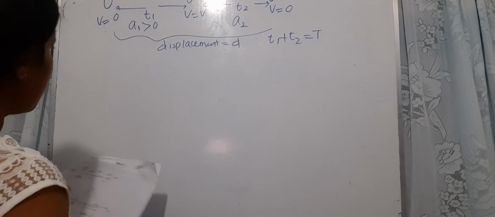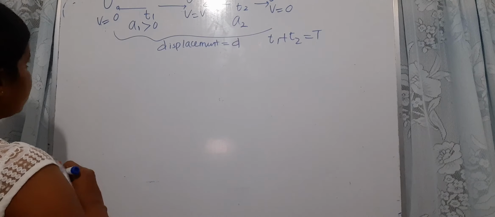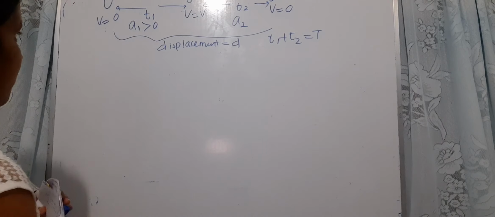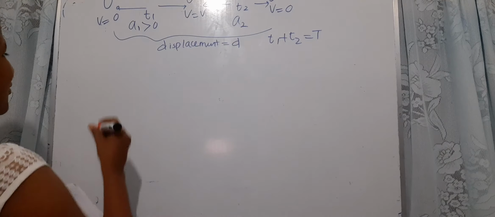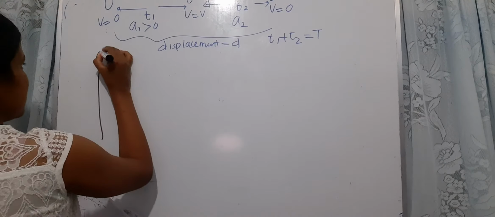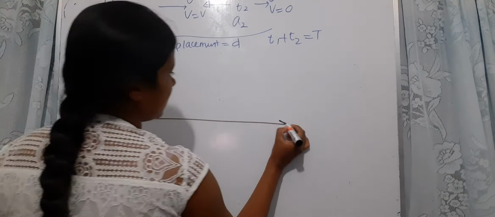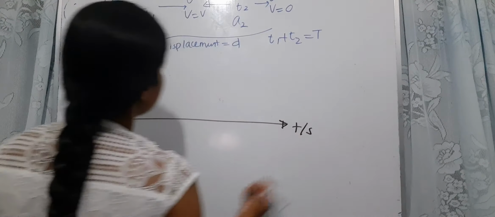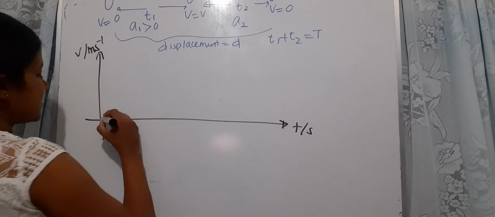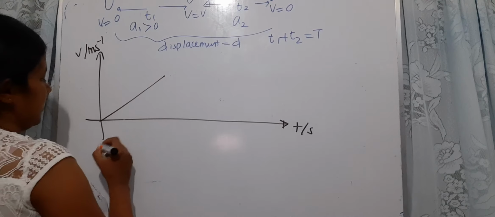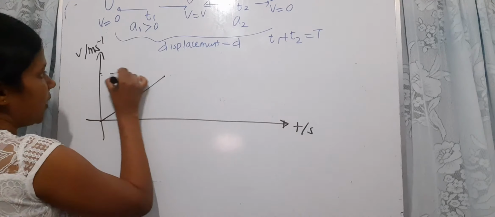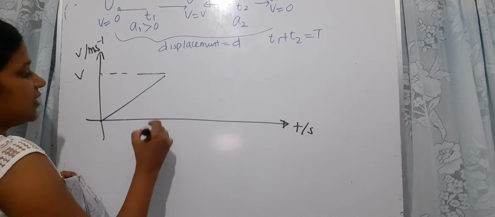Now we should draw the displacement time graph, velocity time graph for this. Velocity here, meters per second. Time is in seconds. It starts from the rest. Then it acquires its maximum velocity v here.